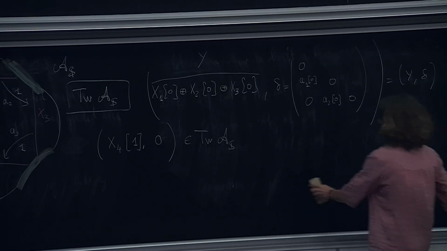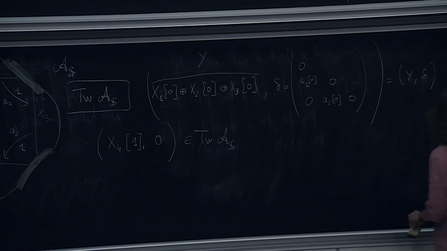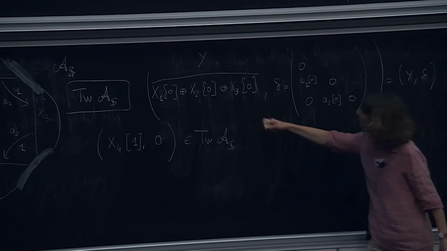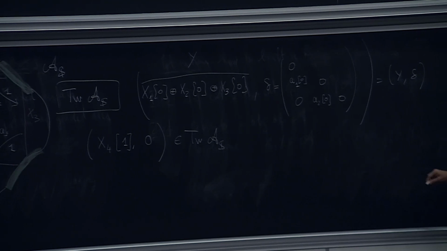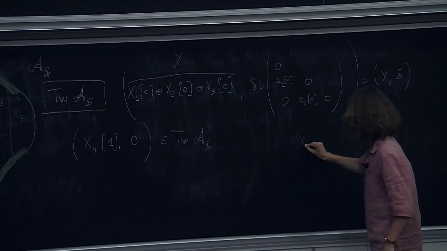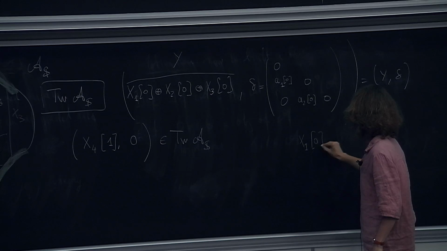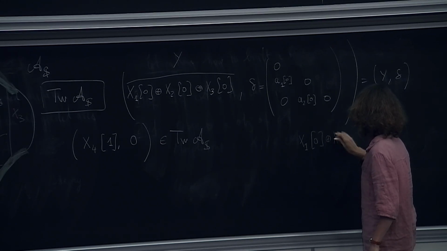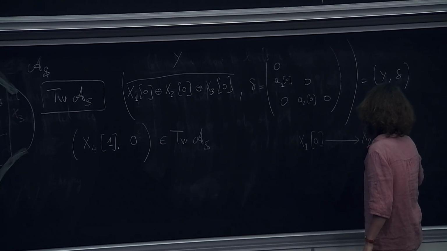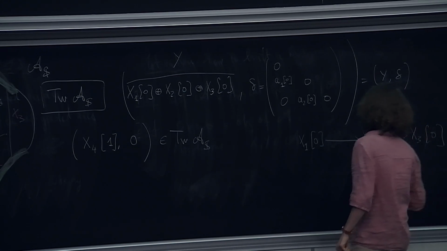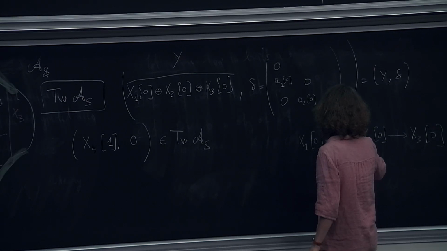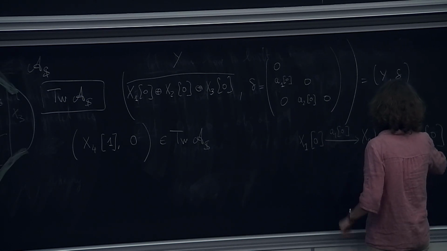So this also lives in twist AS. And now, maybe for some notation, instead of thinking of y as this, I would rather think of y as a complex. So I will denote it by, and here I put A1 shifted by 0, A2 shifted by 0.